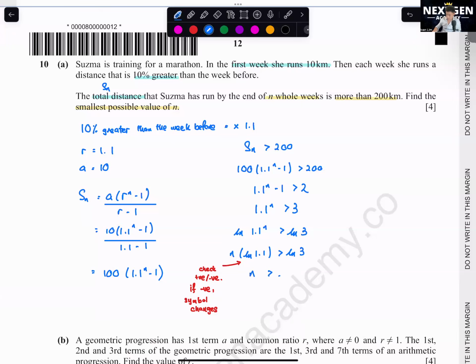So n is more than ln 3 over ln 1.1. Type into the calculator ln 3 divided by ln 1.1. We get 11.52, or 11.5, which rounds up to 12.